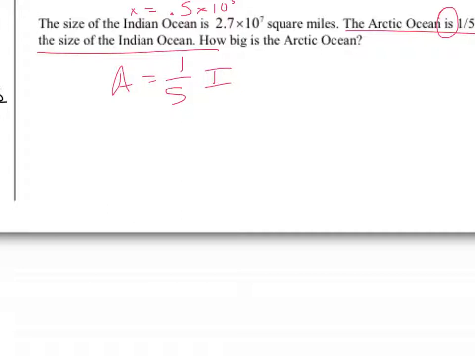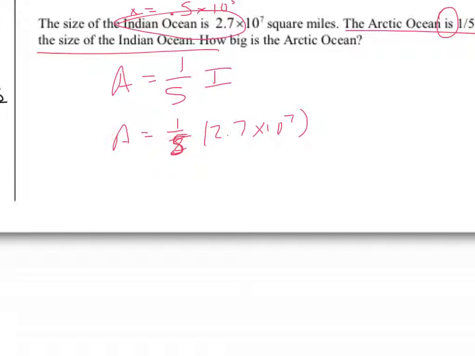I'm going to plug in the information that I have, which is the Indian Ocean. 1/5 times 2.7 times 10 to the 7th power. So really this is just like dividing by 5.